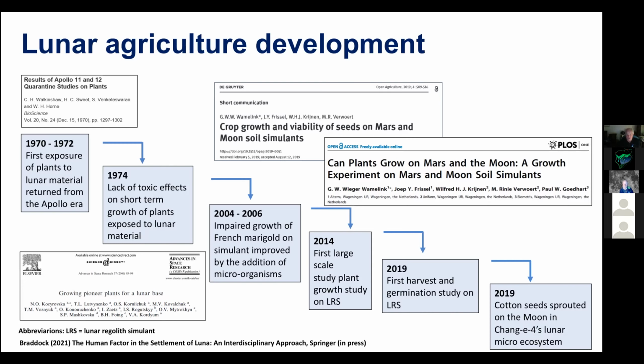Some of the early studies considered French marigolds, because they are fairly topical plants. There was some forward thinking at the time that, should we ever consider growing plants on the moon, the French marigold, despite being perhaps an exotic plant, is hardy to start off with, and quite attractive to look at.